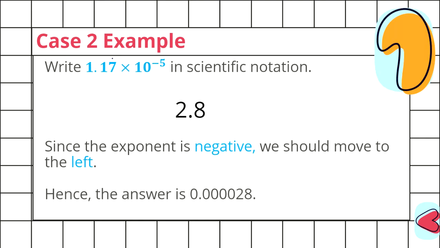How about the example for case 2? Here, as you can see, the exponent is negative, so we should move to the left. Sorry about this, it should be 1.17 is our given. So moving that to the left, since this is negative, it would be 1, 2, 3, 4, 5.